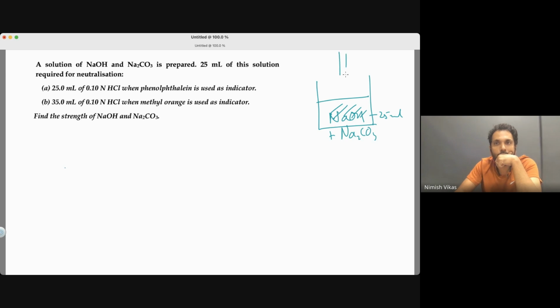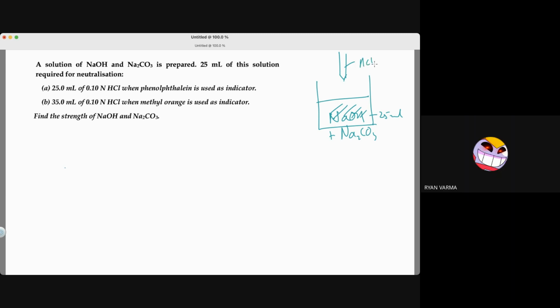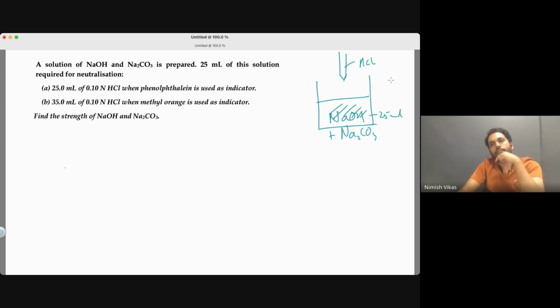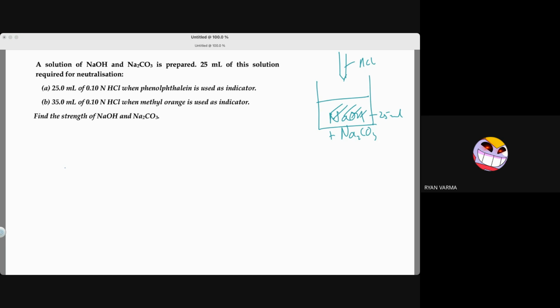Now you are trying to neutralize it, with phenolphthalein as indicator. This solution required 25 ml of HCl for neutralization. Is that clear? Even if you understand it the other way, it doesn't matter much. The math remains the same. Is it clear, guys?